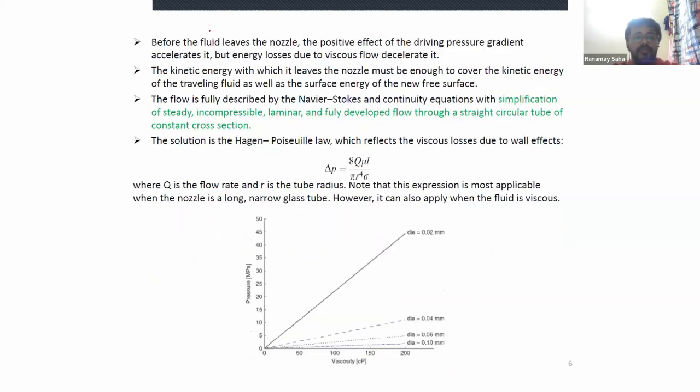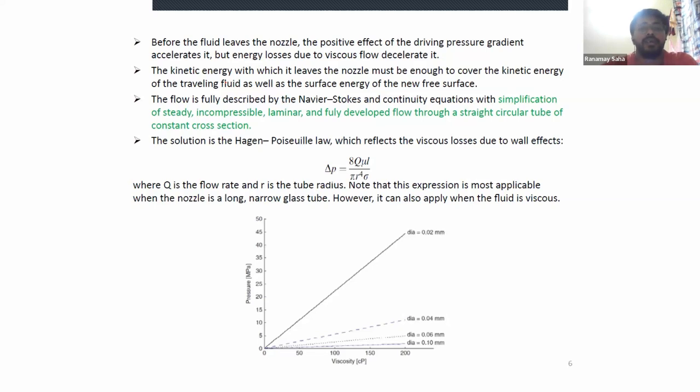Before the fluid leaves the nozzle, the driving pressure gradient accelerates it. Whatever driving pressure you are supplying accelerates it, but energy loss happens because of the viscous flow and the generated friction.